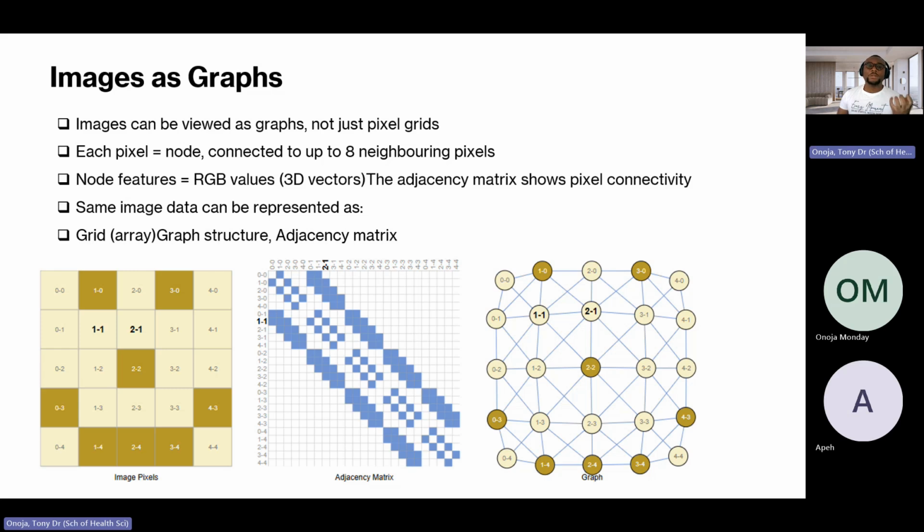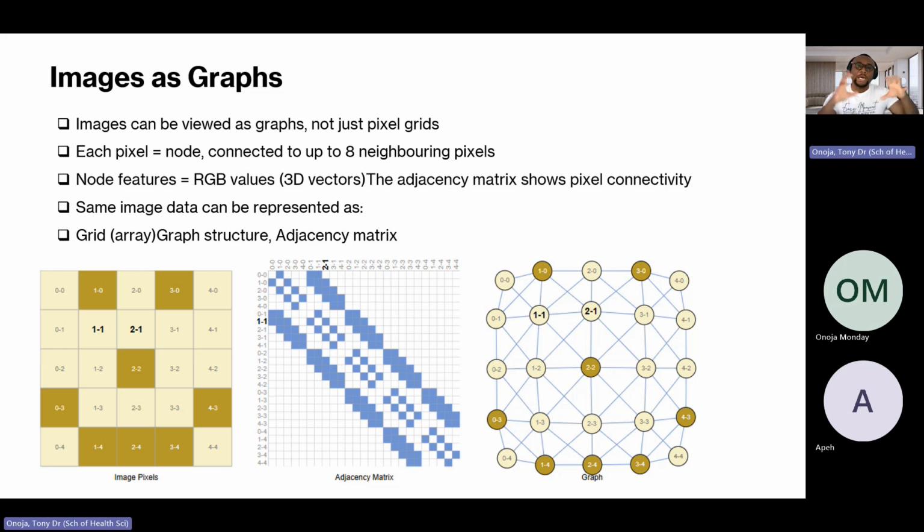But in the case of pixels, each of the pixels that we see, we consider them as nodes connected up to 8 neighborhood, or depending on the scaling you are using, 2 by 2, 5 by 5, and so forth. So the node features in this case are RGB, that's red, green, and blue.